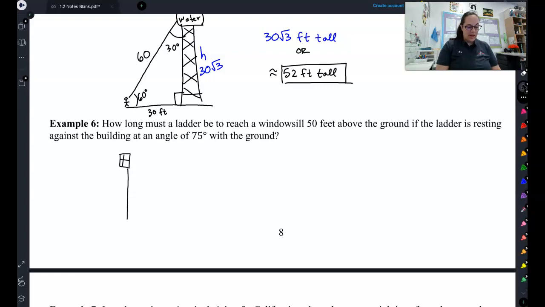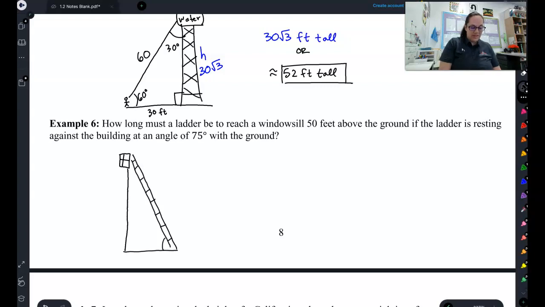So we have a ladder that is resting against a building. So let's do our ground here. And the angle is 75 degrees with the ground. So we want to go 75 degrees up from the ground up to the top of our windowsill. Here's our ladder.